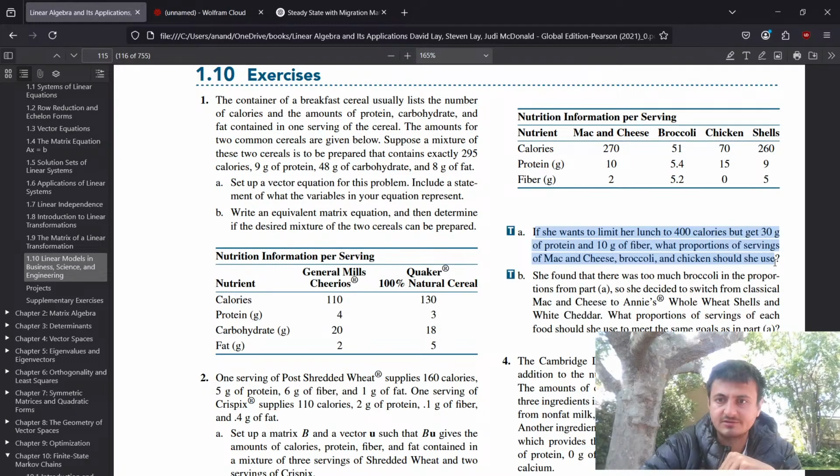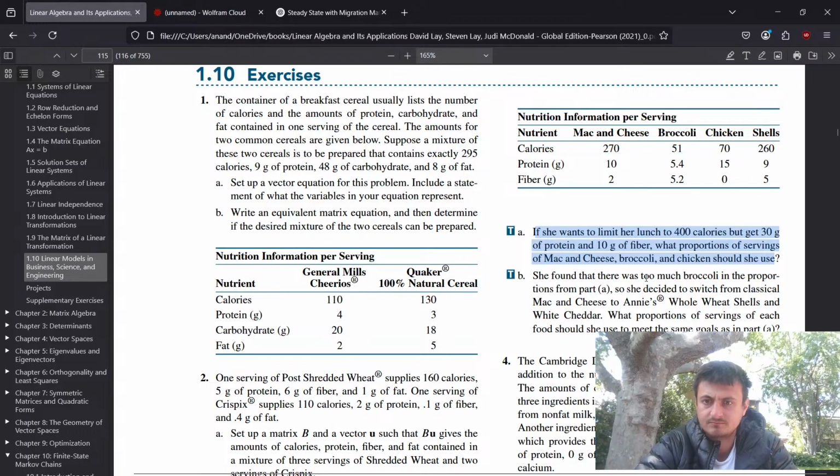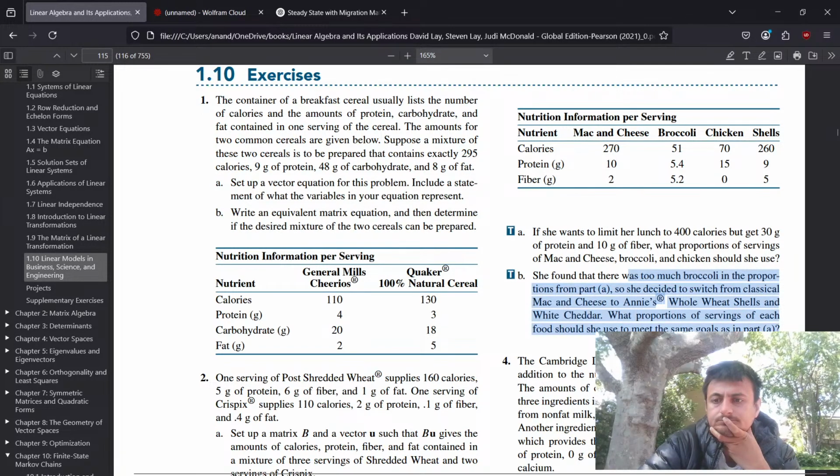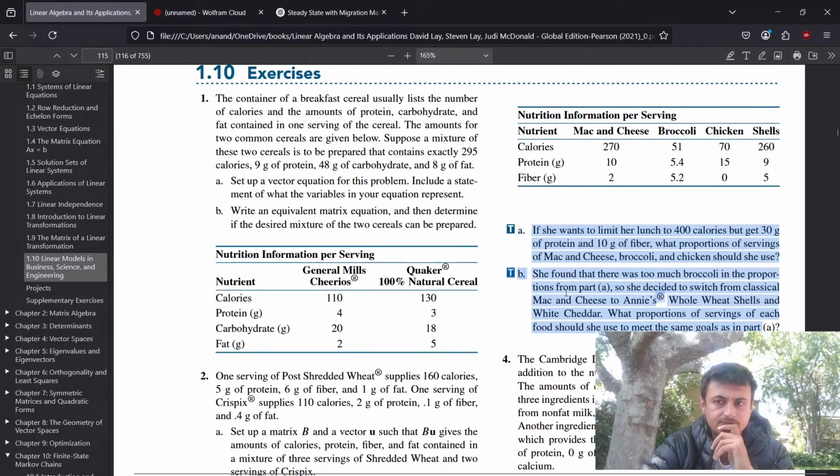What is shells? Oh, it's an alternate. Okay, I'll do it, because it's such an easy problem.